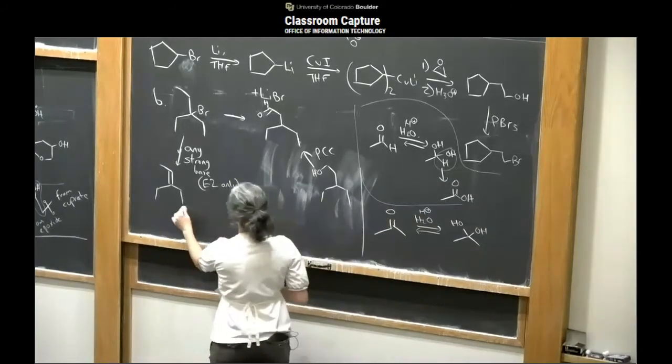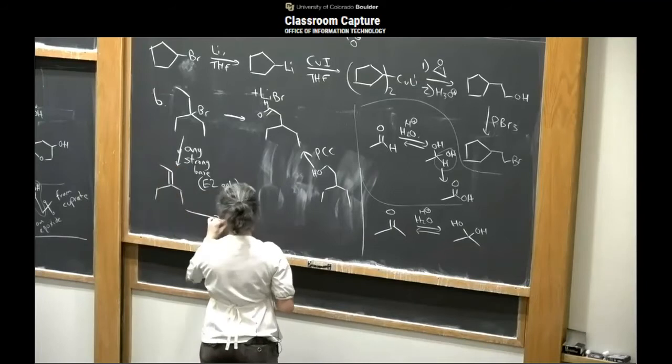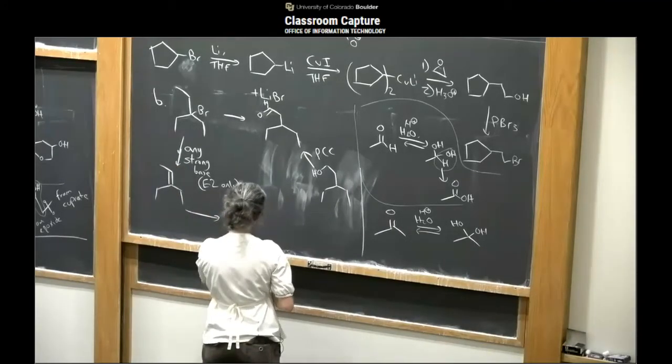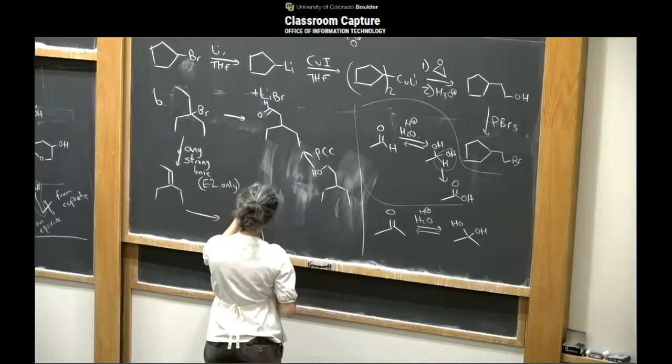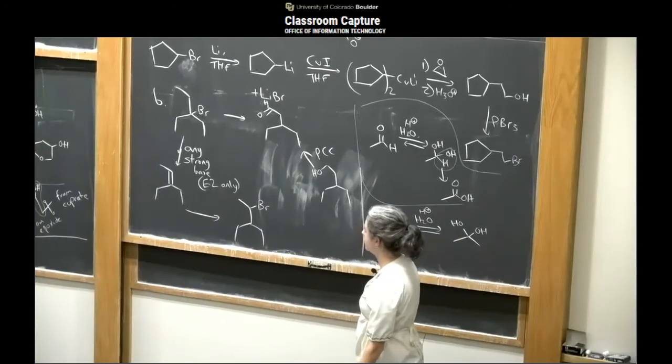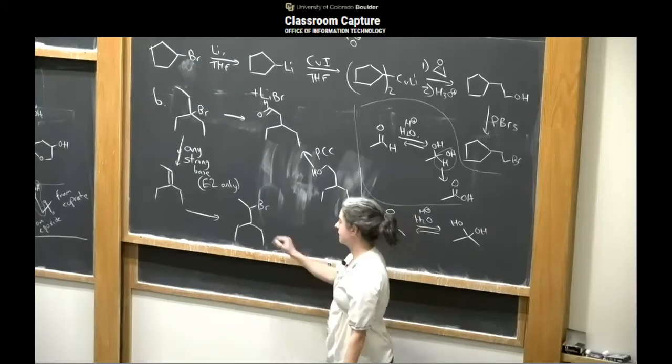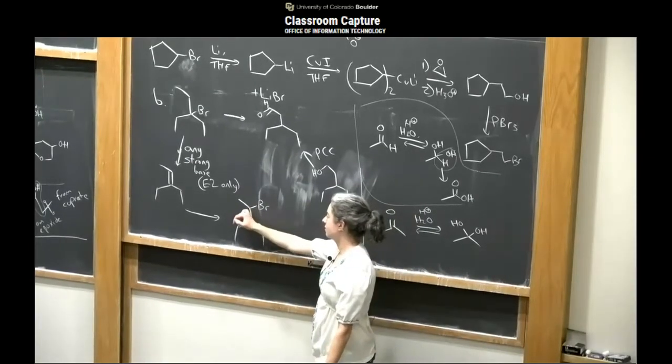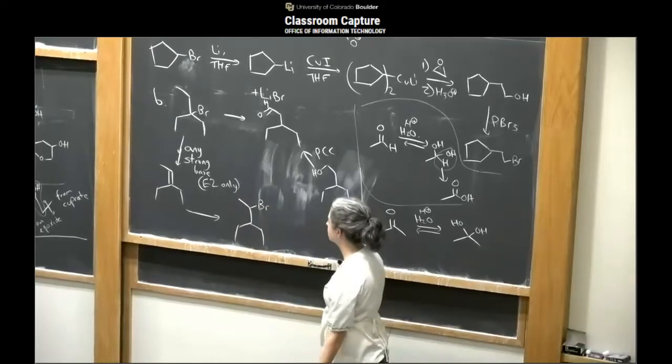So now I want to continue moving my functional group along the molecule. Remember, bromine is a pretty convenient placeholder because I can add it either Markovnikov or anti-Markovnikov, and then I can eliminate it back off pretty easily.